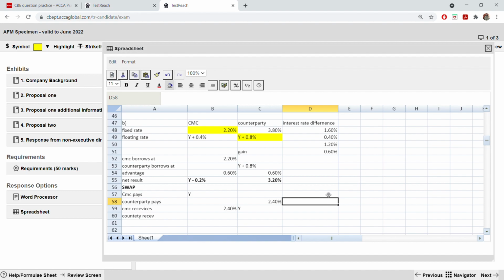Just check. Y plus 0.8, they are receiving. Counterparty is receiving what? Counterparty is receiving Y.